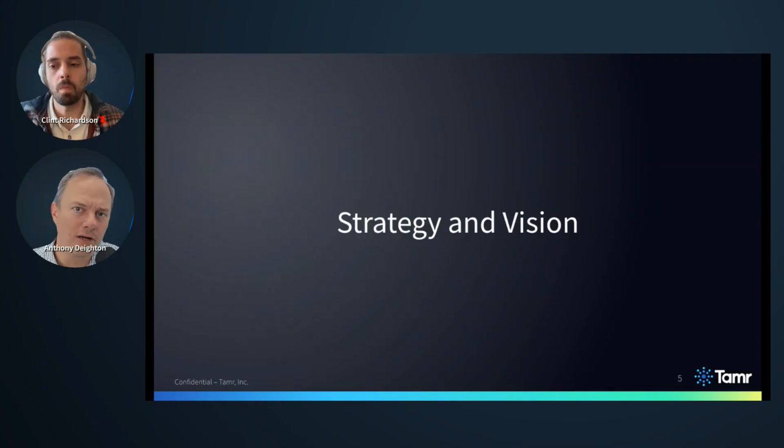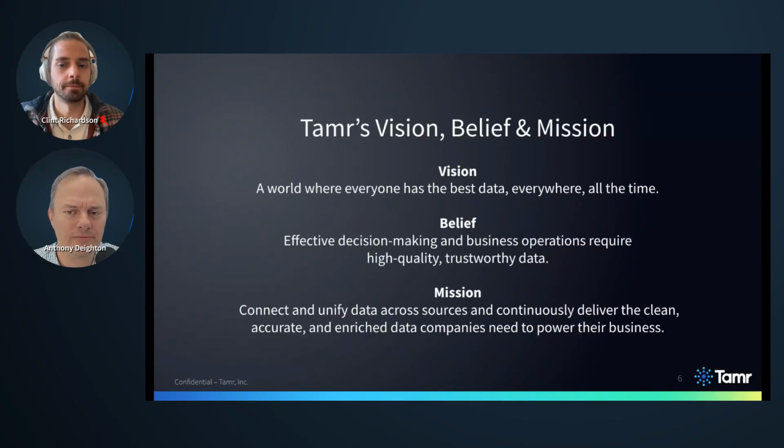So just to step back a little bit and set a bit of context for the overall content that we're sharing today, I thought it'd be useful to frame where we stand as an organization in terms of our strategy and vision. And in a way, almost nothing here has changed in the many years that we've been working on the Tamr project. We've always had this core idea that businesses run better when they have access to clean, up-to-date, organized data.